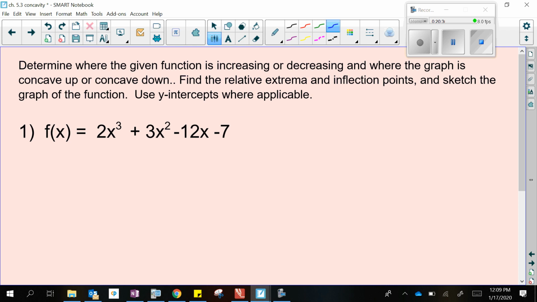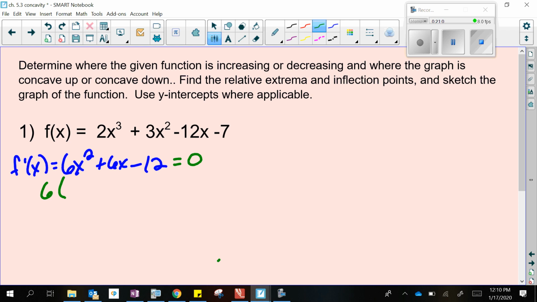So, first derivative, 6x squared plus 6x minus 12. Now, the good news is we only do these for nice polynomial stuff. We're not doing them for the uglier functions. Set it equal to 0, and how do we factor it? We take out 6, right?